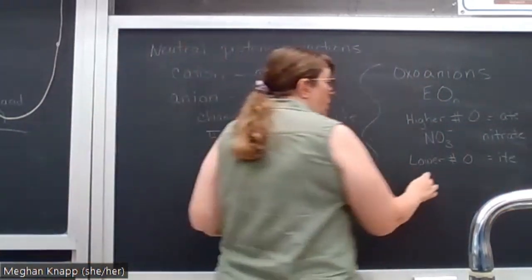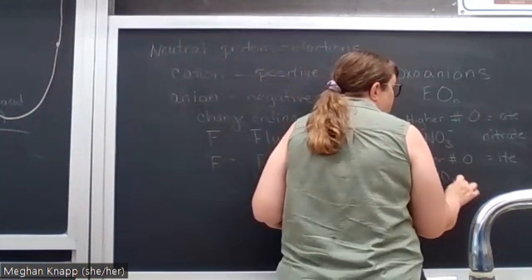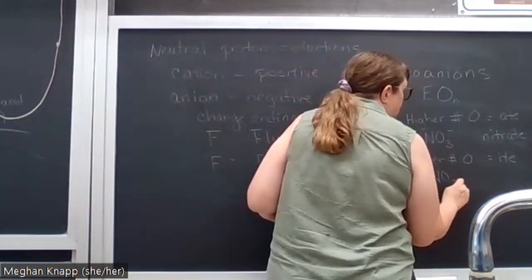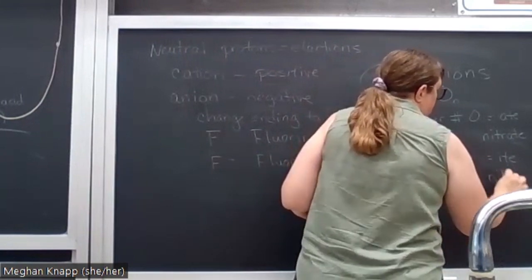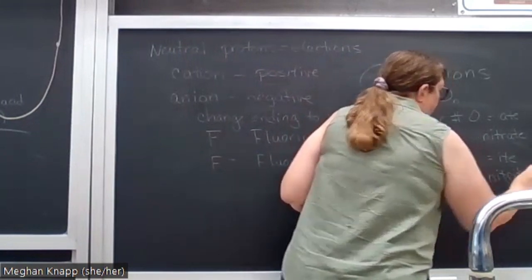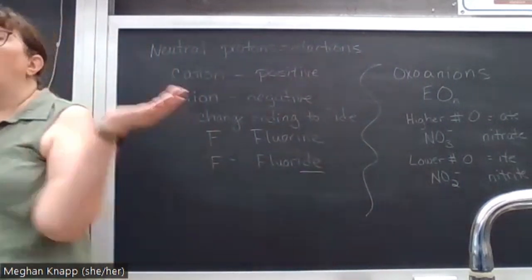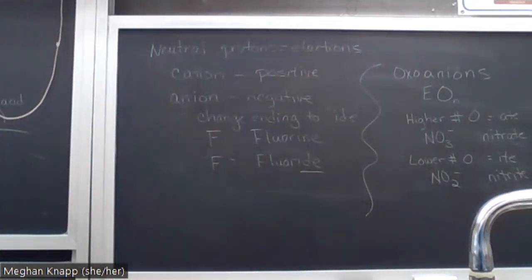Okay, so that's a lower number of oxygens. So for your quiz, all of the ones that have oxygen end in -ate. They're all the highest number of oxygens. Okay. Next week, we'll talk about, well, what happens if you can have 4 and 3 and 2 and 1. For right now, that can be sufficient.